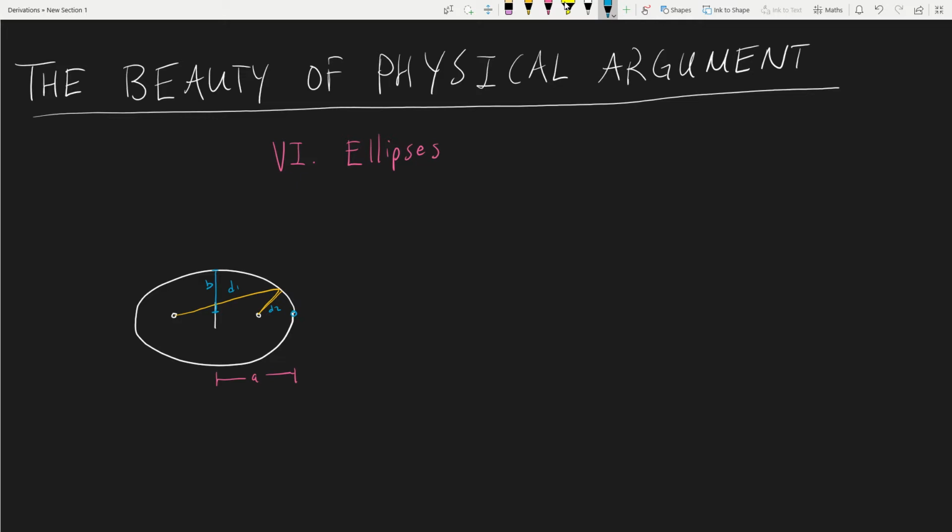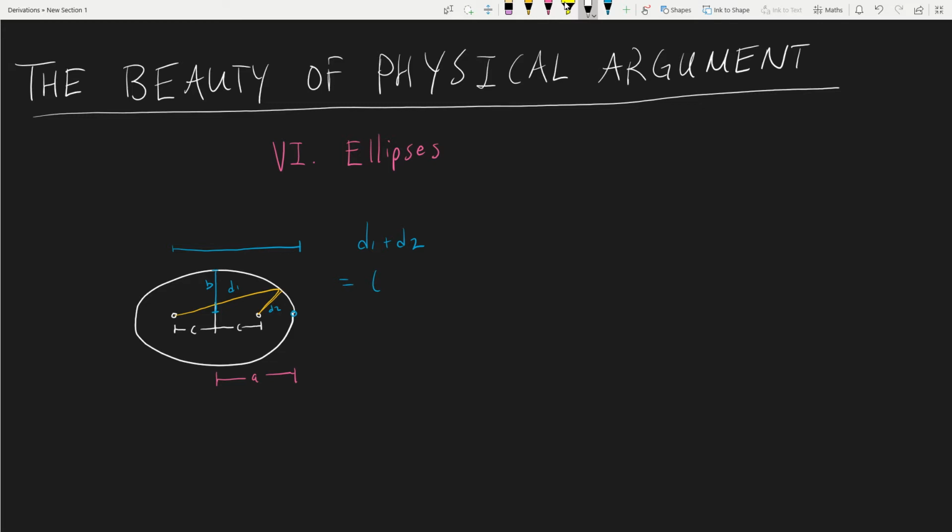what is D1 plus D2? That is the question I want to answer. If we stretch this and pull it to that blue mark, D1 is going to be this whole distance. Another bit of geometry we need here is that we'll call this distance C, the distance to each of the foci.